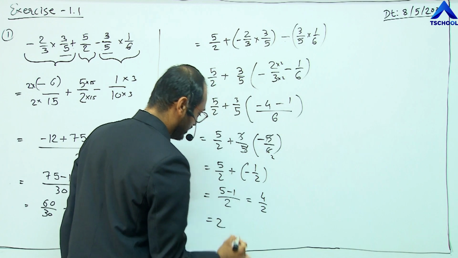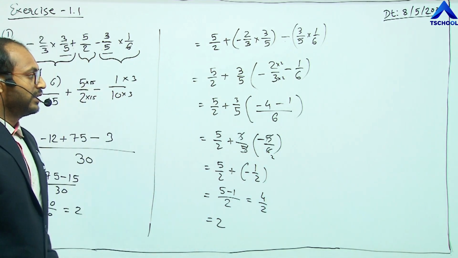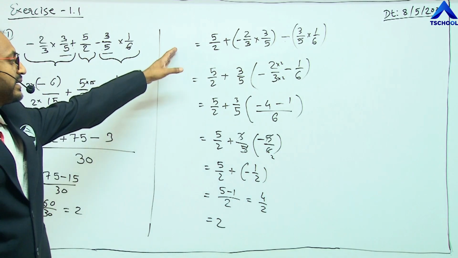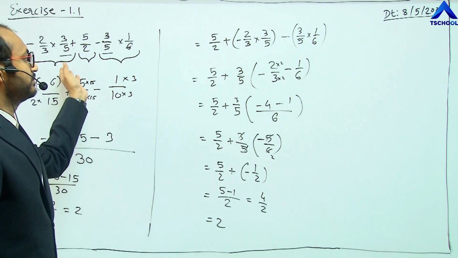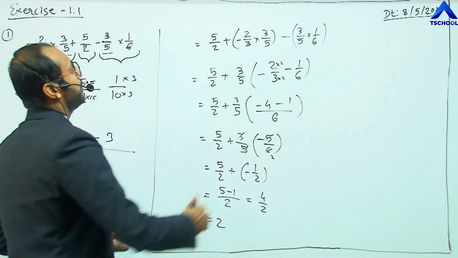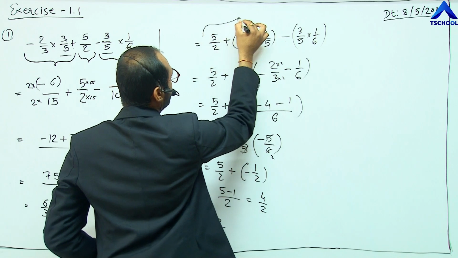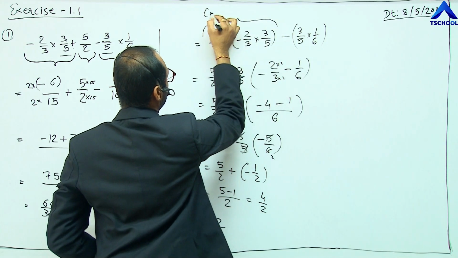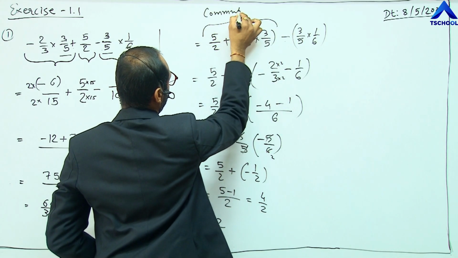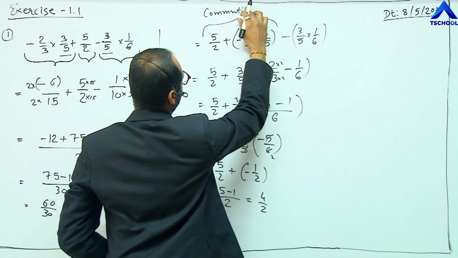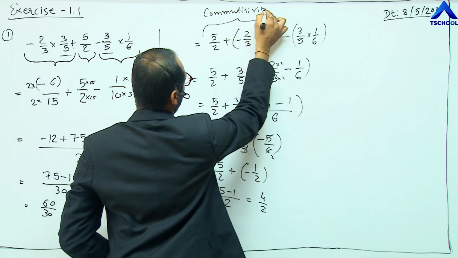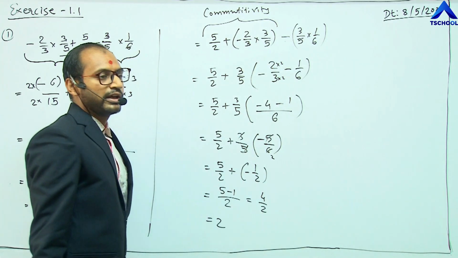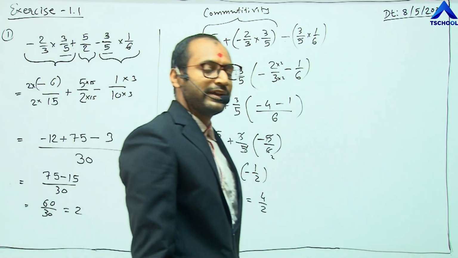The answer is 2. So this is the second method to solve this sum, by using commutativity of the addition. By using commutative property, we can solve this sum.